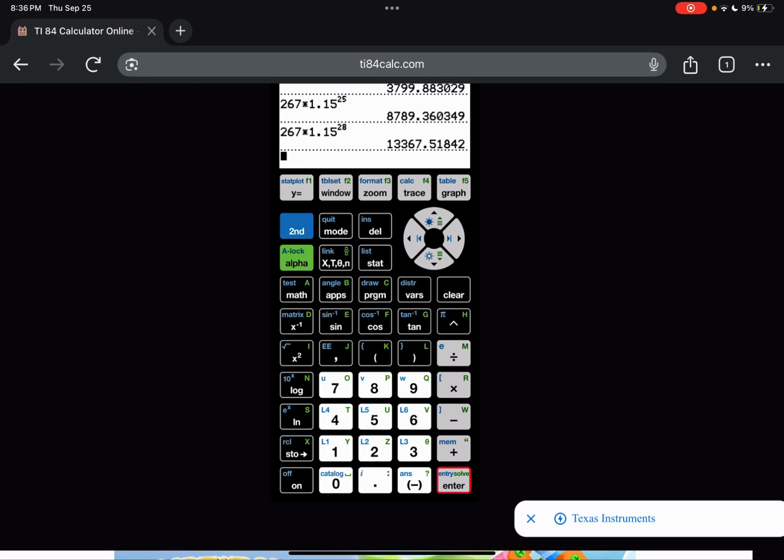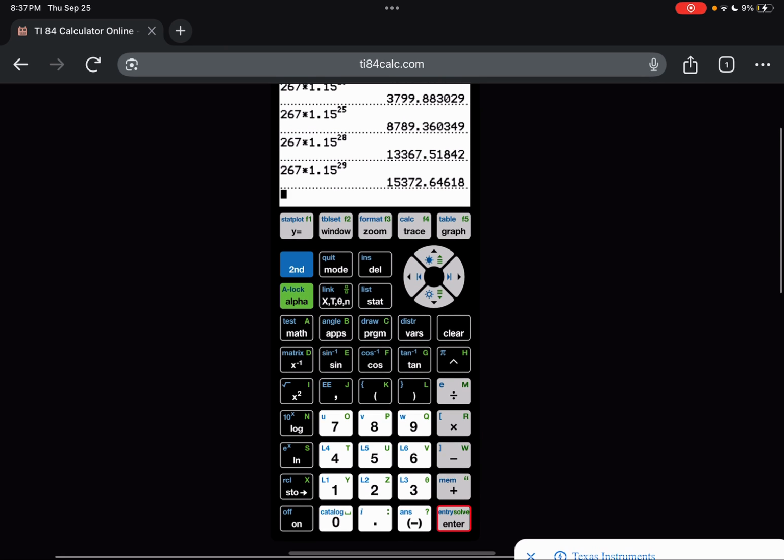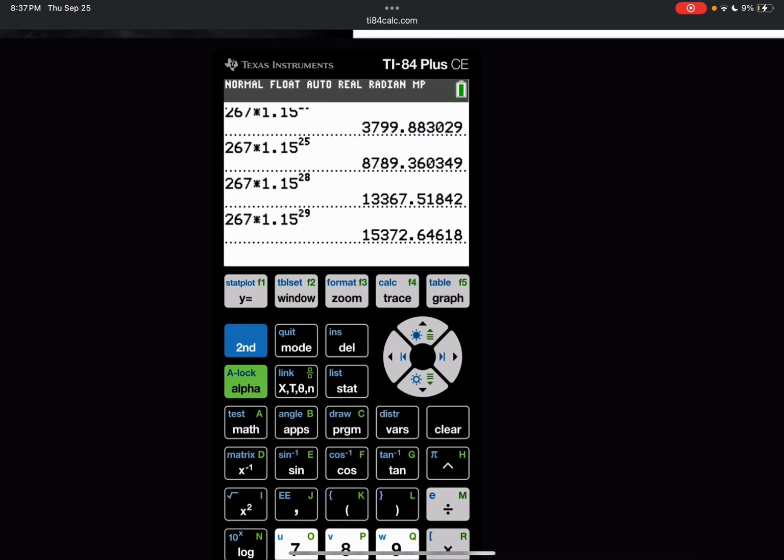What about 28? No, not quite 28. What about 29? And now we see, okay, we found one value below 15,000. When n is 29, meaning our exponent is 28, we have 13,367 goats. But when n is 30, it rises to 15,372.